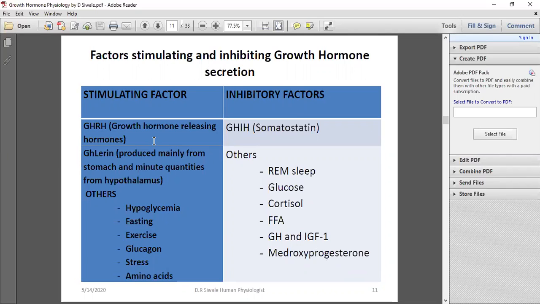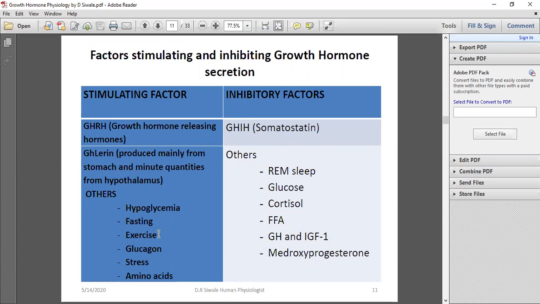In short, the factors that stimulate can be stress, certain amino acids, or just a decrease in energy levels. Let's remember those factors that stimulate secretion of growth hormone. Energy levels dropping down, like hypoglycemia. Stress can be like exercise.